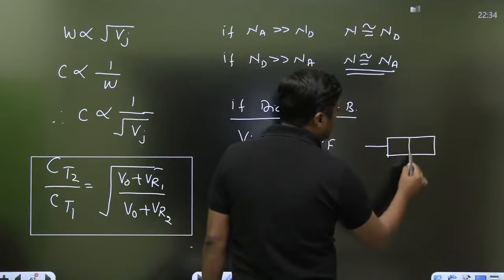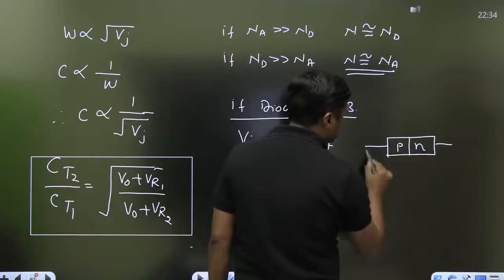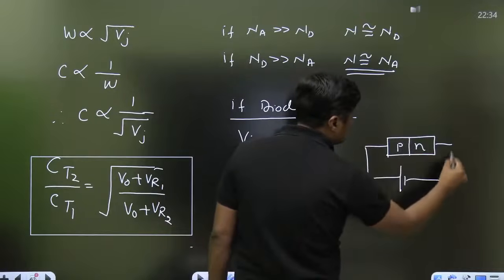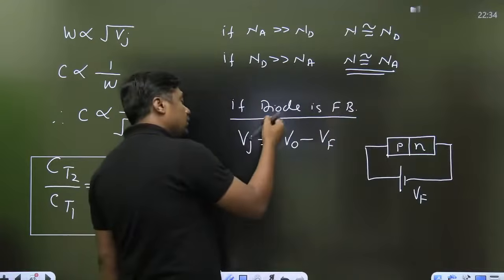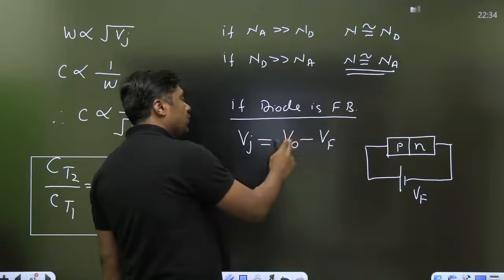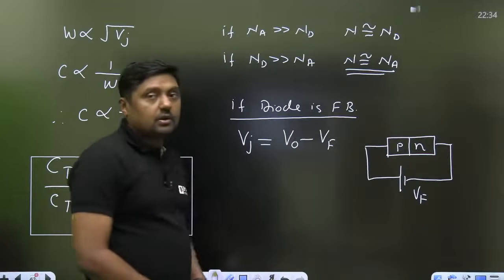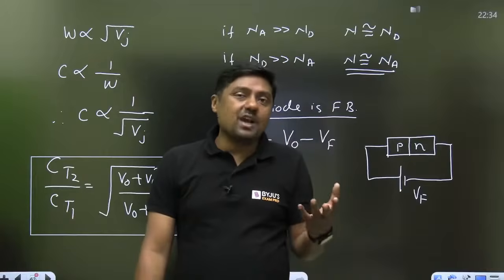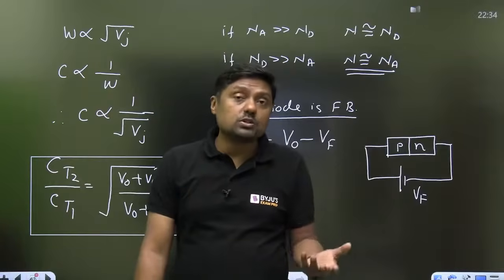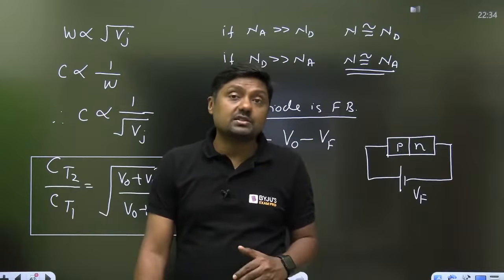When we apply forward voltage Vf, the built-in potential reduces, lowering the potential barrier. So V0 minus Vf means capacitance will increase. When we increase VR, V0 plus VR, it is inversely proportional, that's why capacitance will decrease.